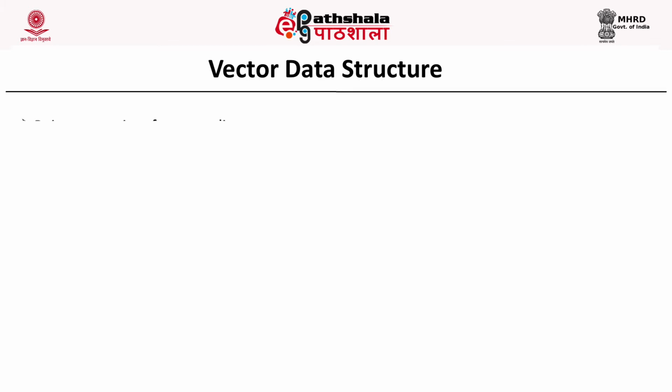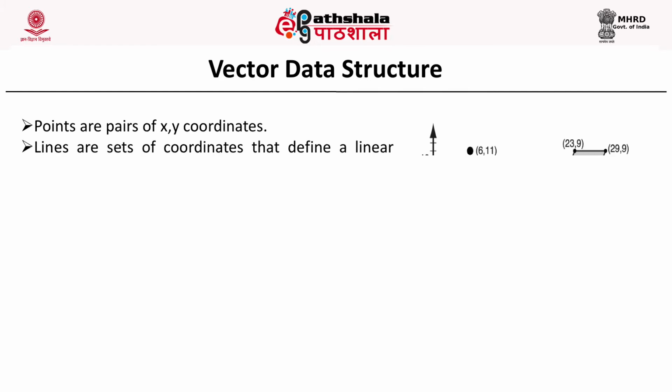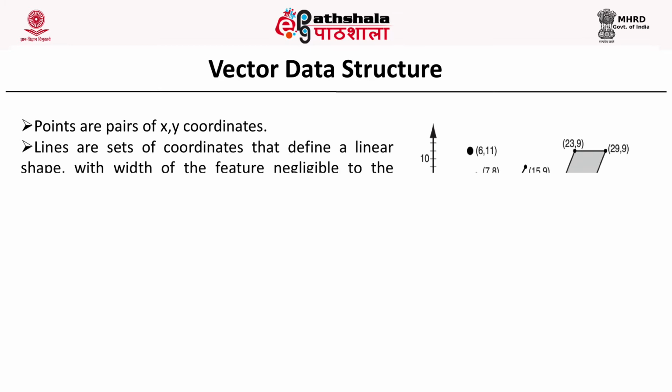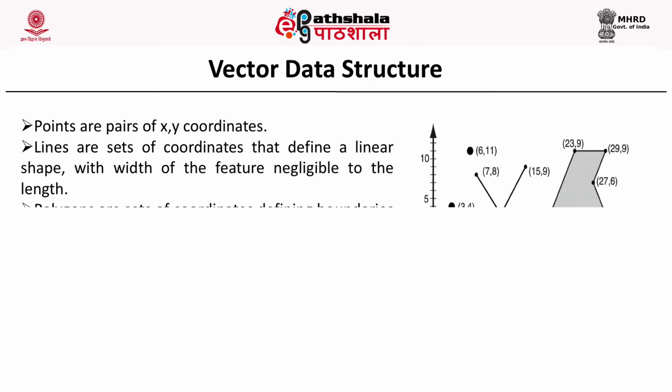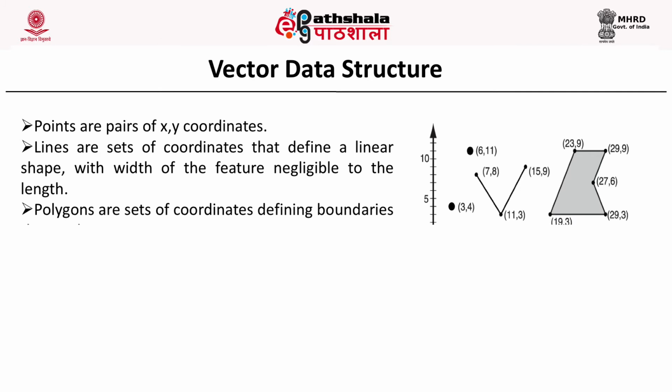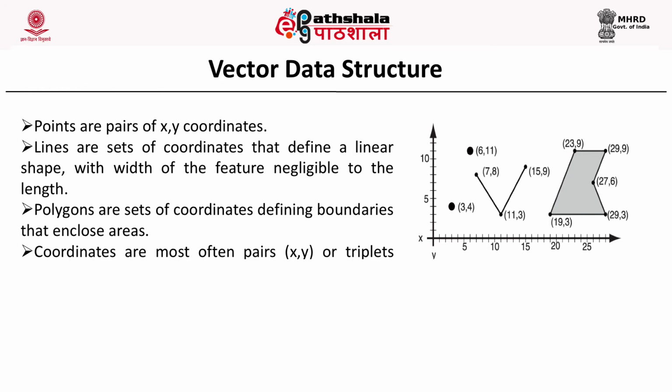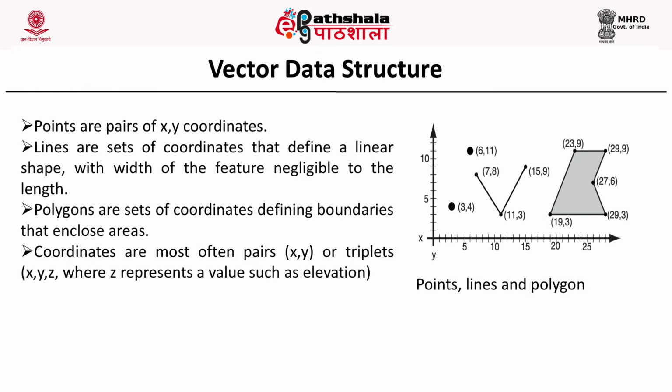Lines are sets of coordinates that define a linear shape with the width of the feature being negligible to the length. So, a line is made up of various points. The initial and the ending points are called the nodes, while the middle points that constitute the line are known as the vertices.